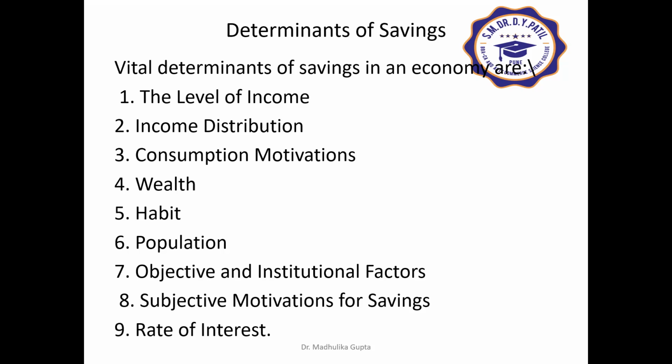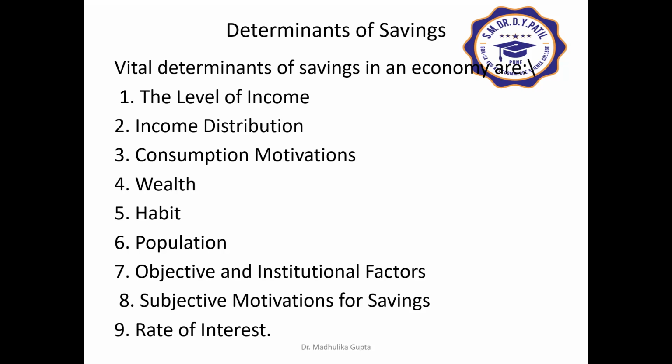The habit of consumption in the form of taste. You want to eat food of only this hotel, even if it is costly. Likings, fashions, I just discussed the jeans example, and other psychological influences on the minds of consumers.